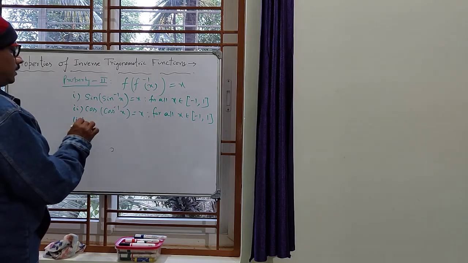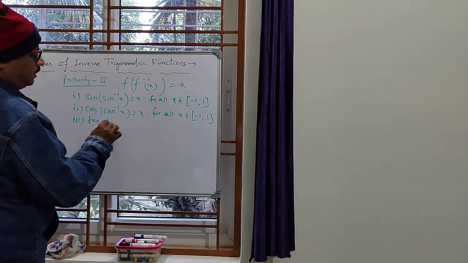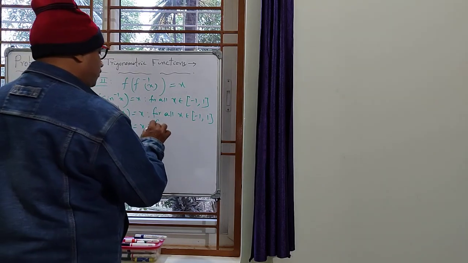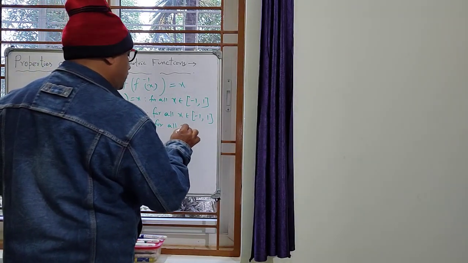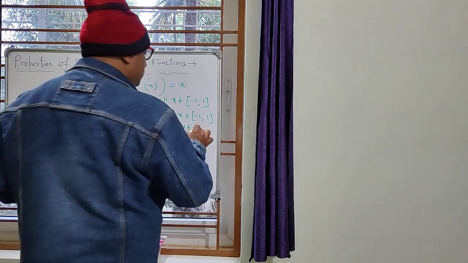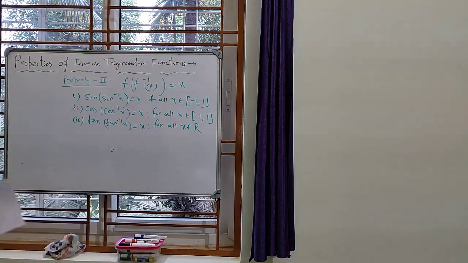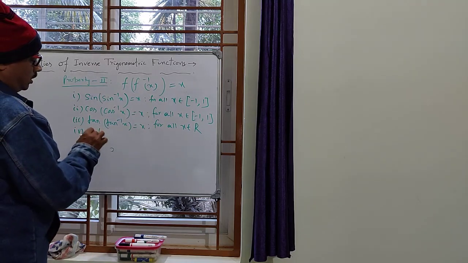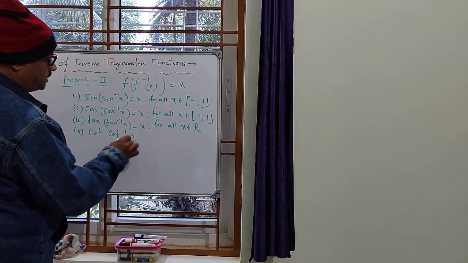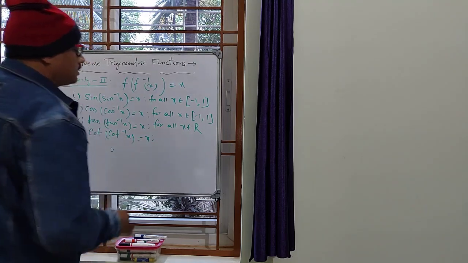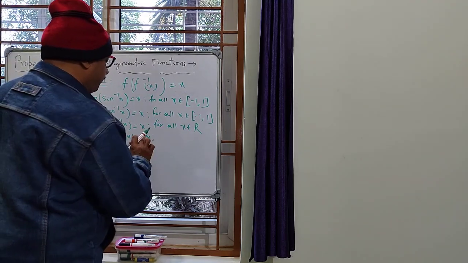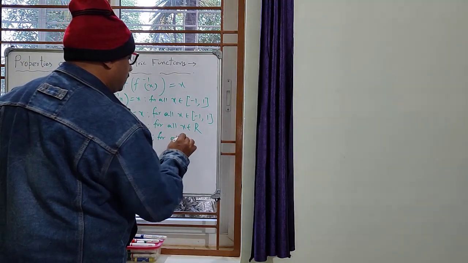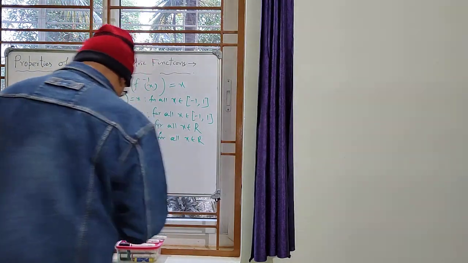Third one, tan of tan inverse x equals x for all x belongs to R, the set of real numbers. Number 4, cot of cot inverse x equals x for all x belongs to R.